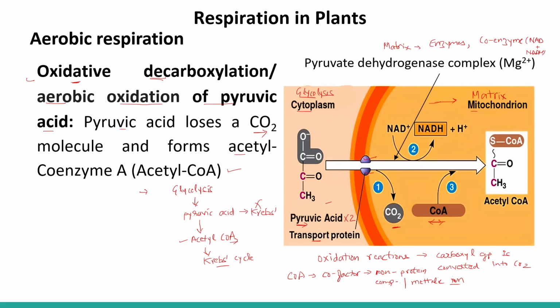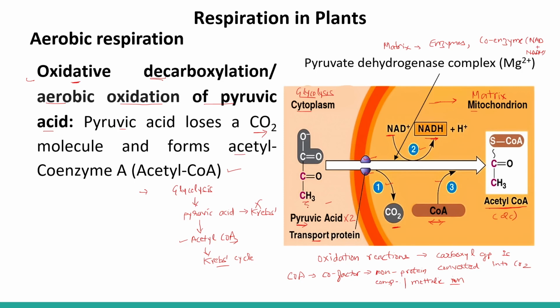Now the third thing which is happening is that NAD is converted into NADH. So these three things are happening. This is very important. A lot of questions can come from this reaction. And finally acetyl coenzyme A is produced, which is a 2-carbon compound.